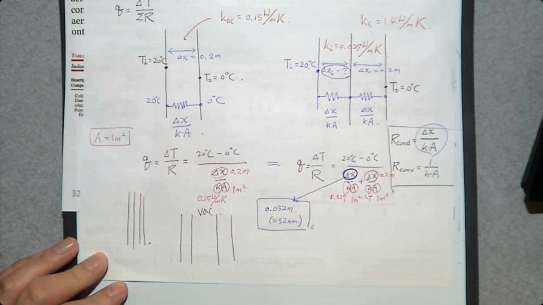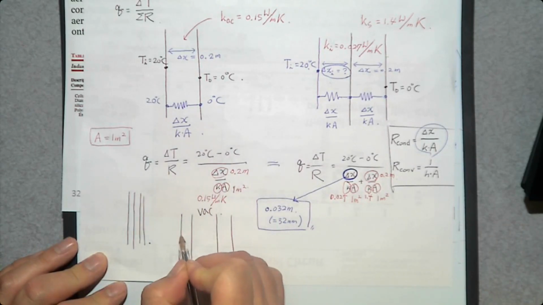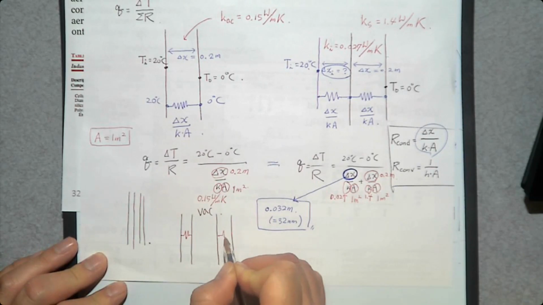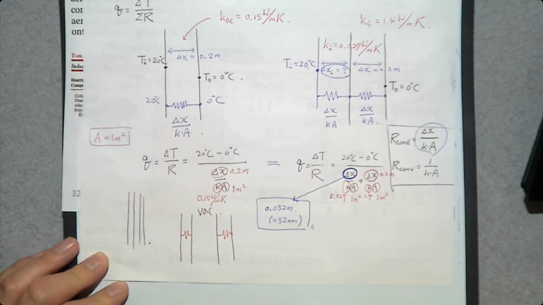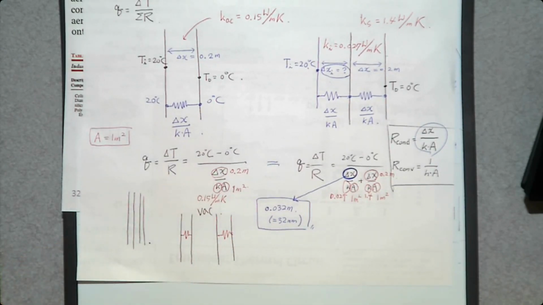So what happened is that we have a conduction resistance here and conduction resistance here. What is between these two? Conduction through what? Convection between the surface and the fluid. What is the fluid? If it is vacuum, there's nothing. So we need to rely on what? Radiation.